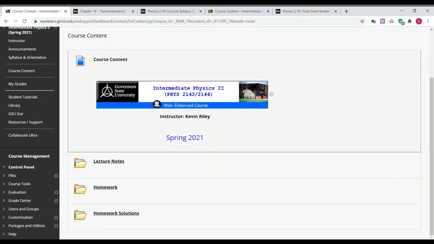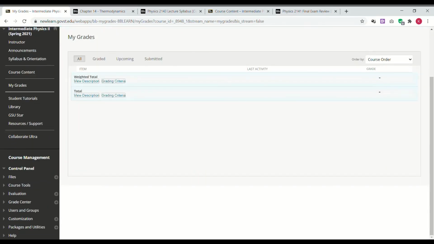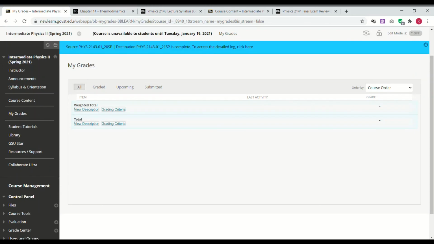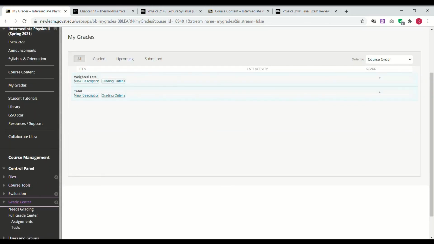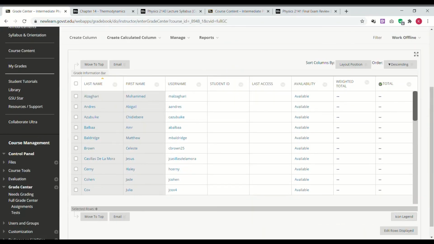Whenever I update stuff, I'll be posting it on the announcement page. Oh, one other thing to note, there will be my grades, which right now has nothing because I haven't put anything on here for you guys. If I go to Grade Center, let me just see real quick. Grade Center here, full Grade Center, and then there'll be stuff to total.